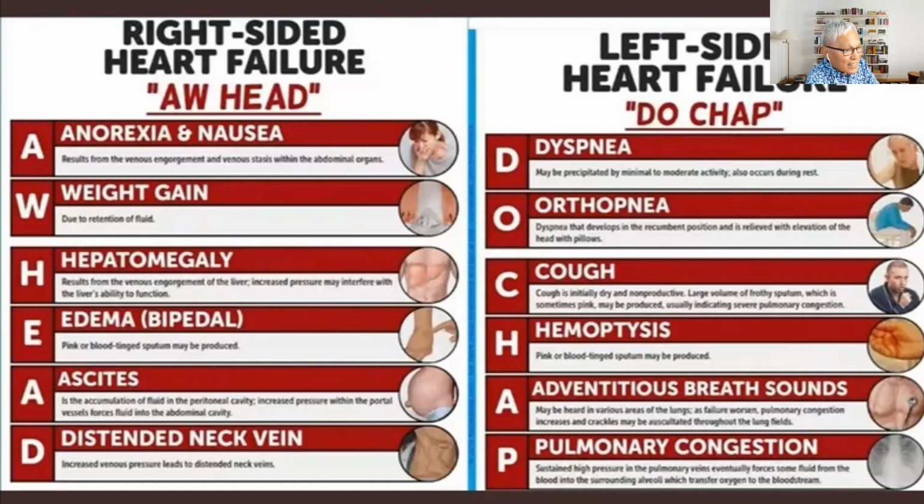And for left-sided heart failure, he says, remember DUCHAP: dyspnea or orthopnea. The CHAP is cough, hemoptysis, adventitious breath sounds, and pulmonary congestion. Now, we did not talk much about the hemoptysis, but he was right about hemoptysis.